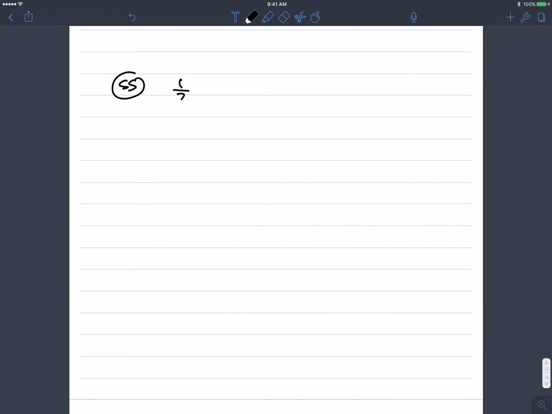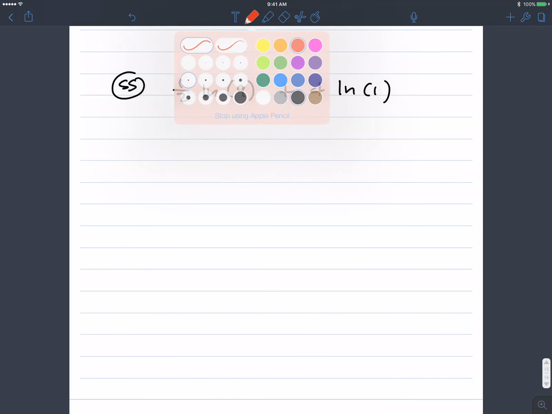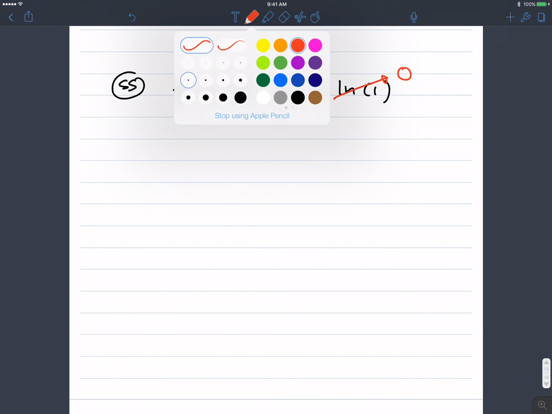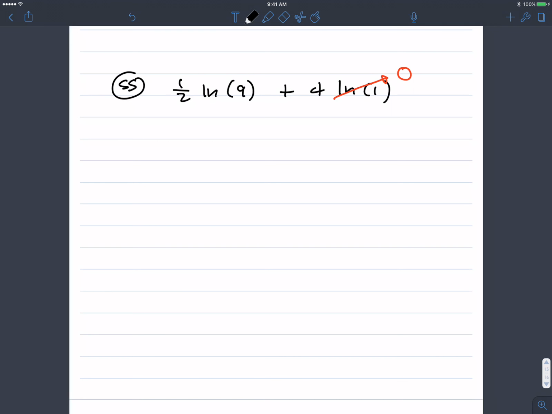55. 1/2 natural log of 9 plus 4 natural log of 1. Now, this problem is a little weird because the natural log of 1 is 0. So that's not even there. I never saw that coming, but it's true. And so I just have 1/2 natural log of 9.